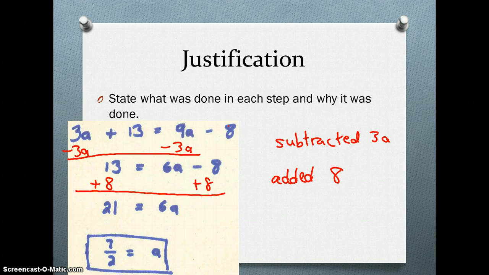And again, the reason we did it, the inverse of minus 8 is plus 8. And it looks as though we had 6a and we went to a. Typically our last step is division, which is what we did here. 6 divided by 6 gives us 1a. And then 21 over 6 simplifies to 7 over 2. We divided by 6.